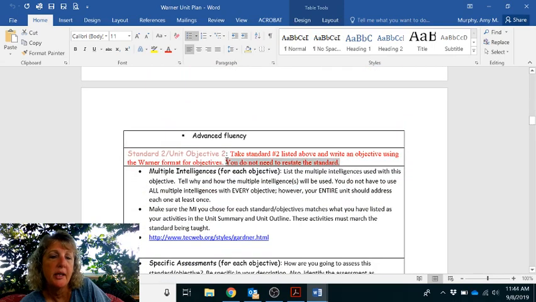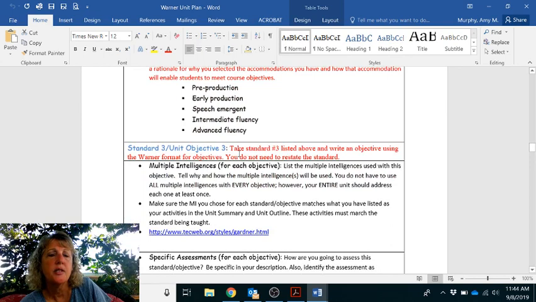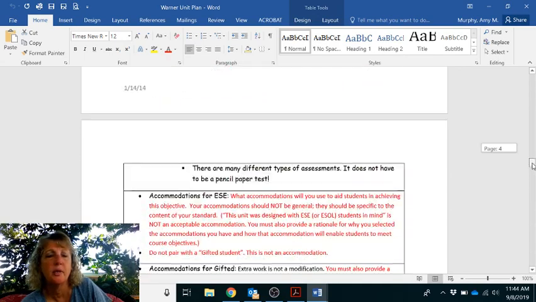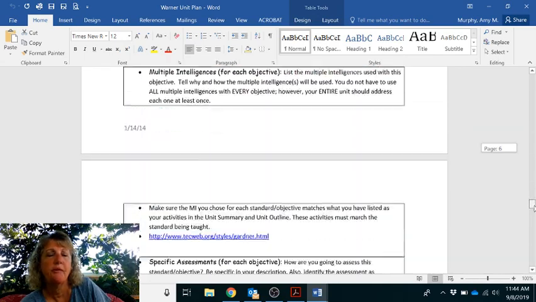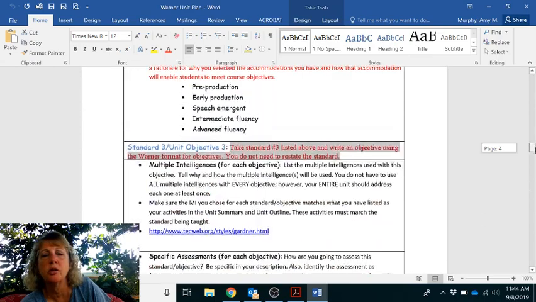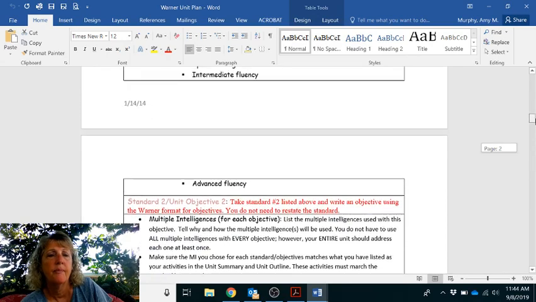This is where you'll write the objective for standard 2. Scroll down a little bit further. This is where you're going to write the objective for standard 3. See how they're color coded, and so forth. So you go all the way down to 4, 5, and 6. So this is a long document, but now we are completing parts of each.